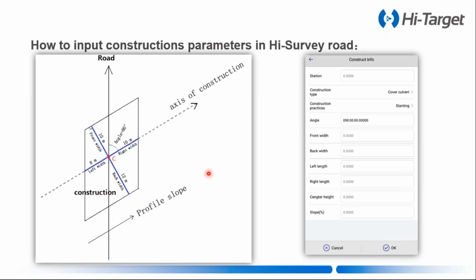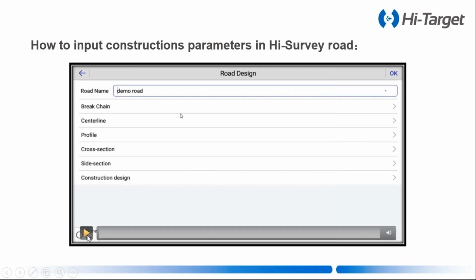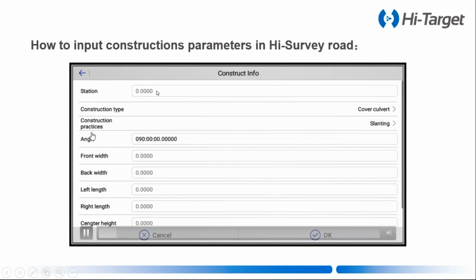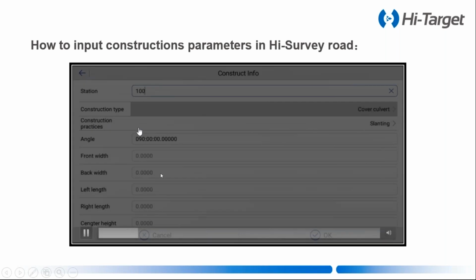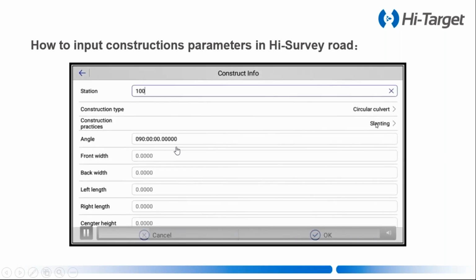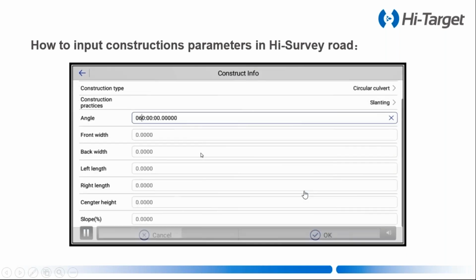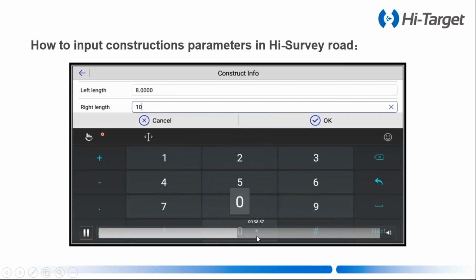Okay, after we input all these parameters, let's see the operation video about this construction design. We click the construction design and we input the station, for example, this 100 meters, and choose the type. For this, I use the slanting. Then input the angle. This I use 60 degrees, and the widths. Let's see, I input the widths one by one, and the center height, and also the slope.